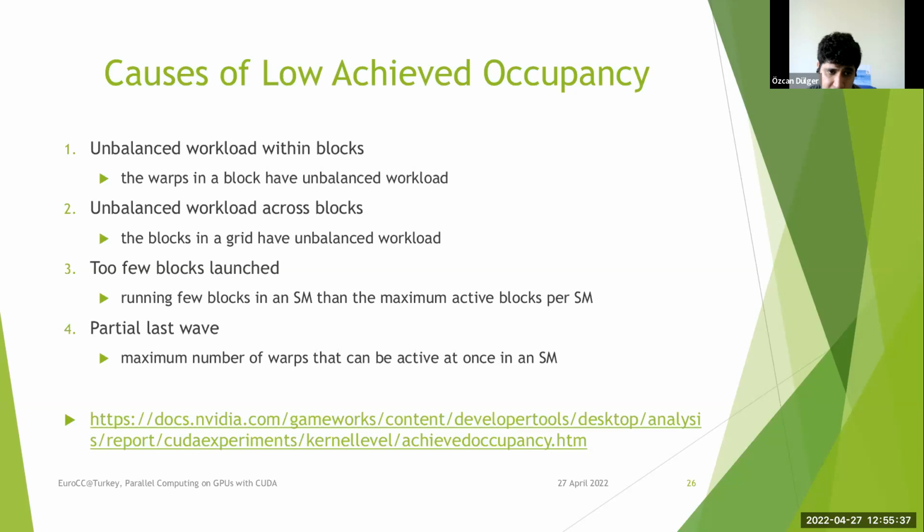That means running fewer blocks in an SM, streaming multiprocessor, than the maximum active blocks per SM causes low achieved occupancy. And the last one, a partial last wave can affect the result of achieved occupancy. And this is the website about these reasons, where you can find detailed information about the reasons for low achieved occupancy.